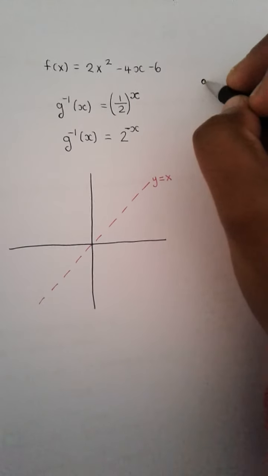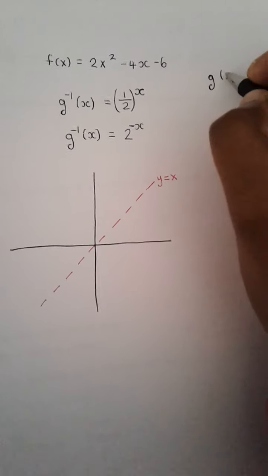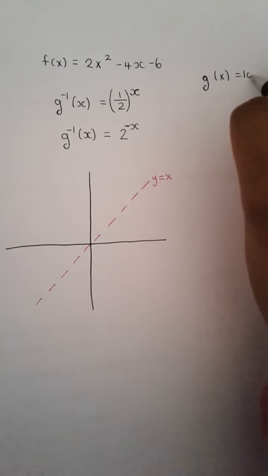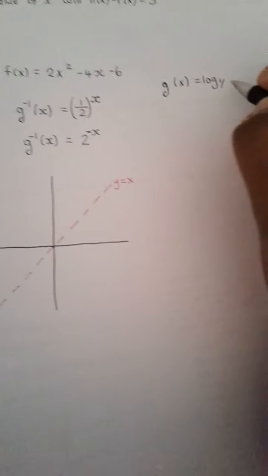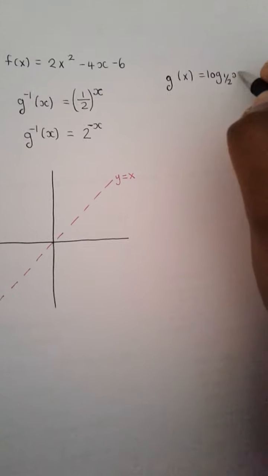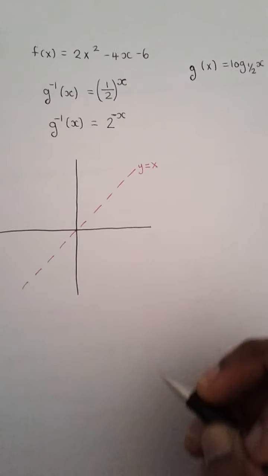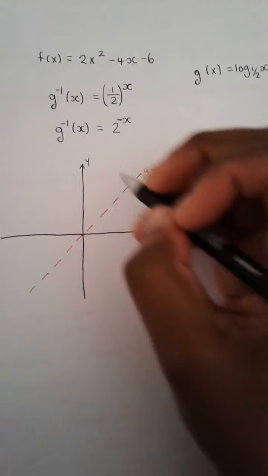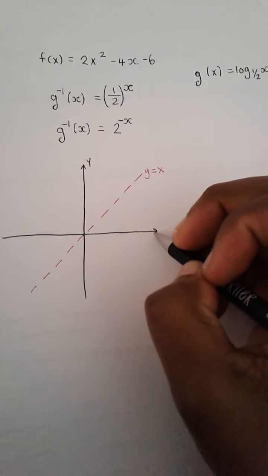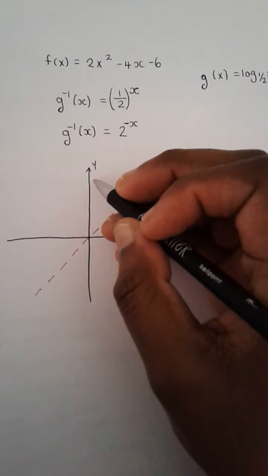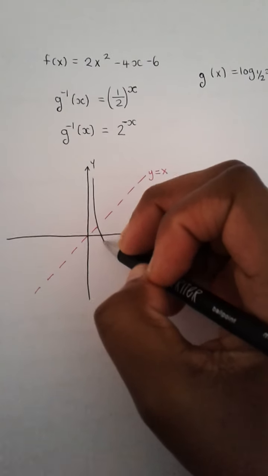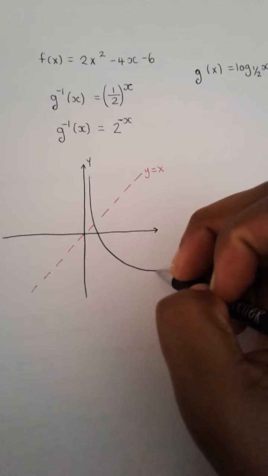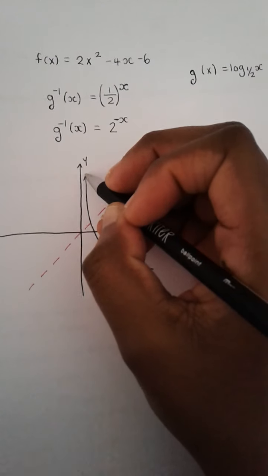The graph of g was given to us as g of x equals log base a half of x, and that's the one that I said is sitting on the positive y-axis. So that one looked like this, okay?